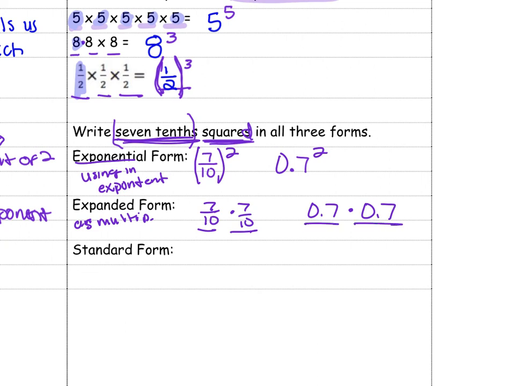Standard form is actually doing the answer or simplified number. Oh gosh, this is over 10 minutes. Sorry, guys. So 7 times 7 is 49. 10 times 10 is 100. 0.7 times 0.7 is 0.49. All right, sorry this was so long. Peace out.